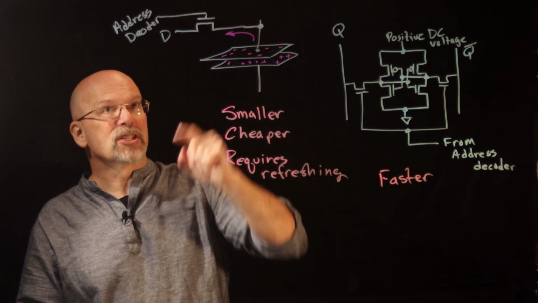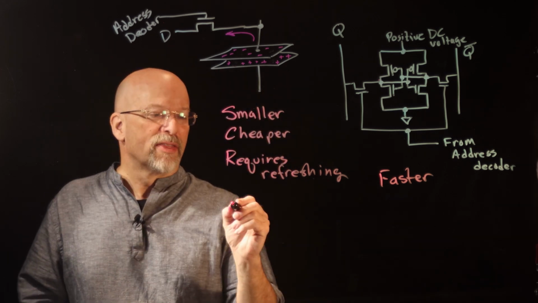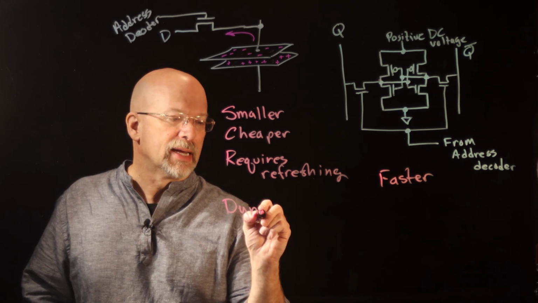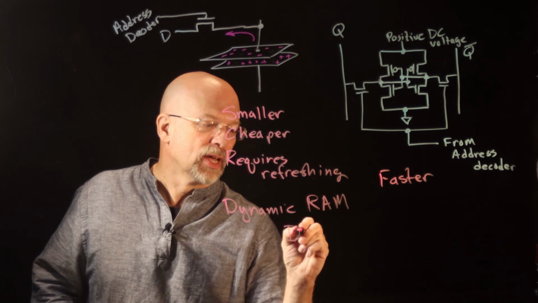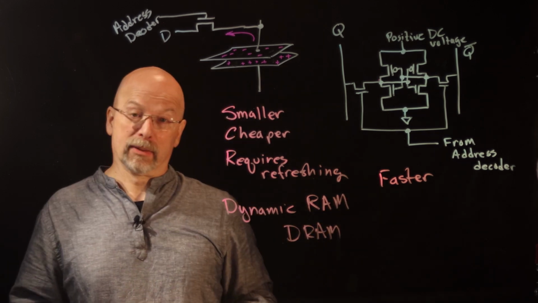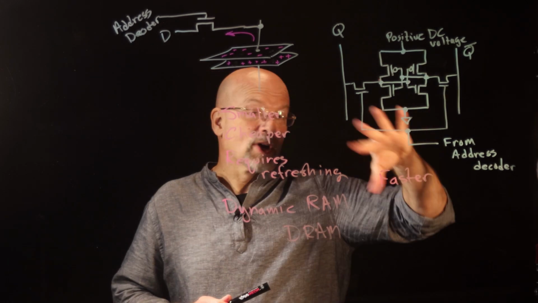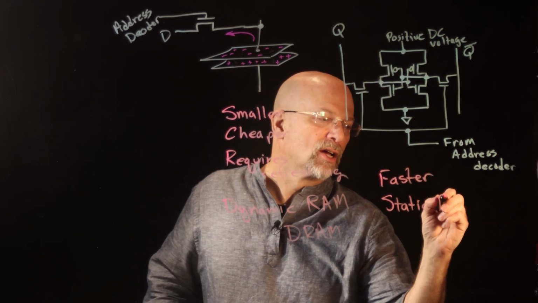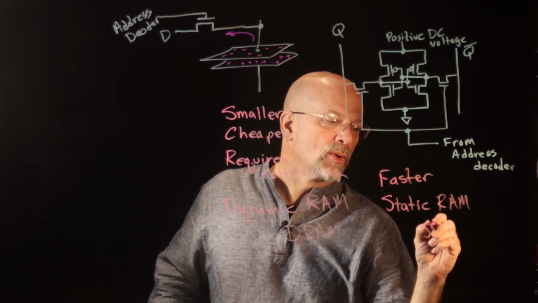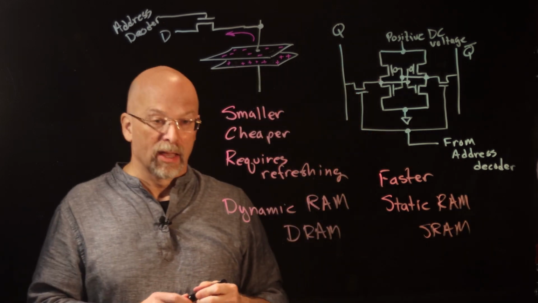Now, memory that's developed out of these capacitors is referred to as dynamic RAM, otherwise known as DRAM. This transistor-based technology is referred to as static RAM, otherwise known as SRAM.